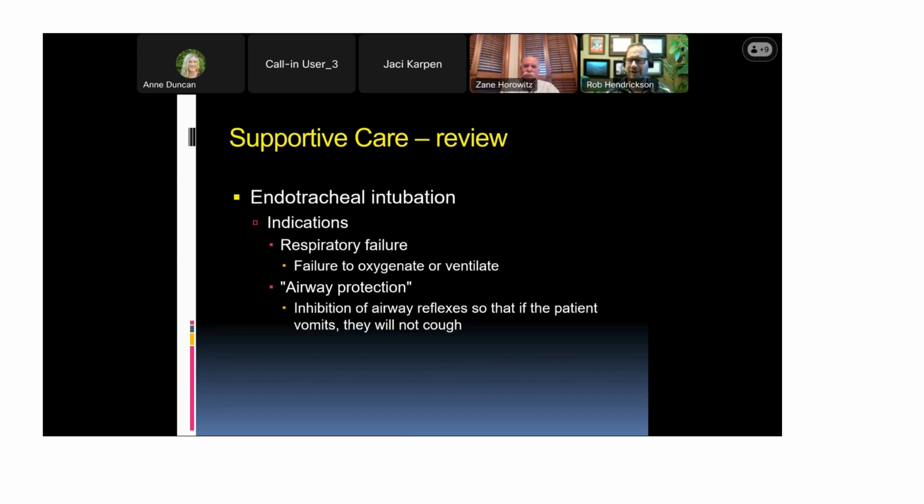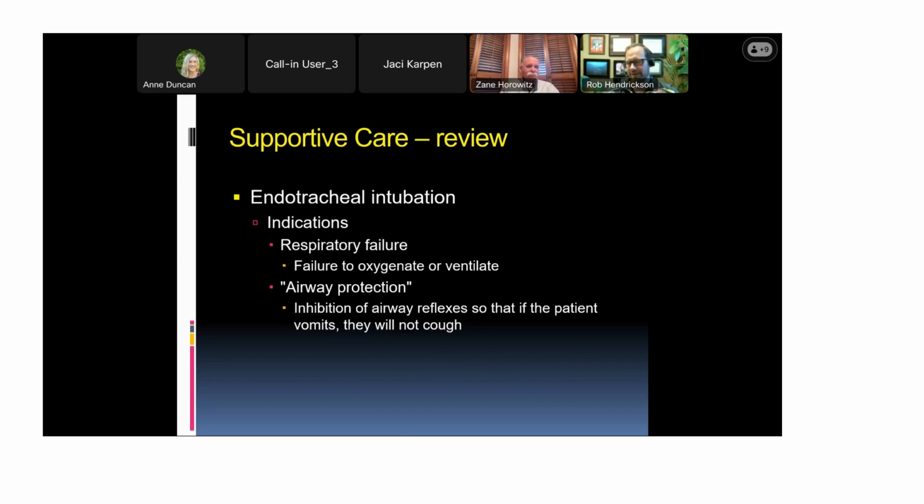And then there's this sort of highly controversial thing called airway protection, which I think is most of the reasons why people are intubated. Really what that's referring to is this person is unconscious and they don't have airway reflexes, meaning that if they vomit in the next some period of time, they would not be able to protect their airway, they would not be able to cough out the vomitus, and the vomit would go into their lungs and cause them to aspirate.